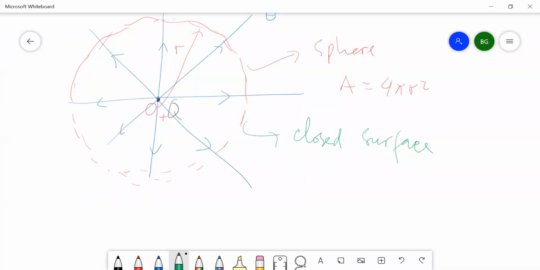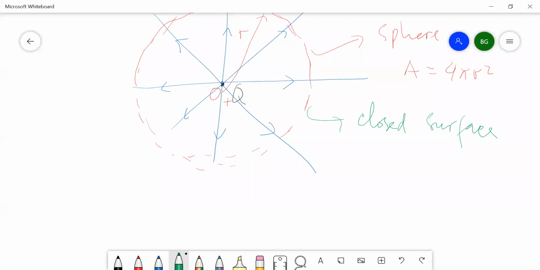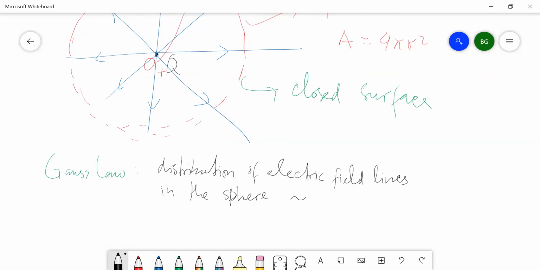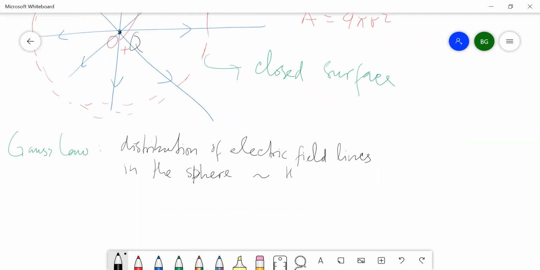Okay, so the Gauss law states that the distribution of electric field lines inside the sphere is proportional to the charge here.